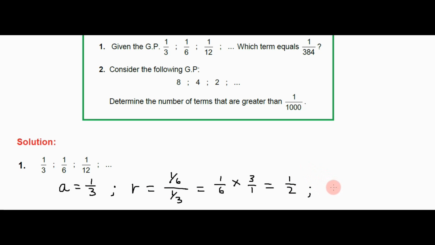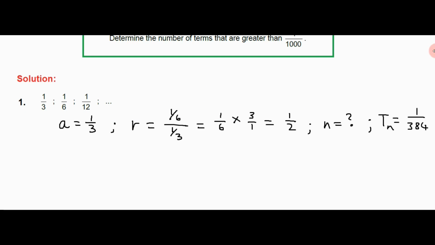We need to find the number of terms, and we are told that the nth term, T sub n, is 1 over 384. So we can use the formula T sub n equals AR to the n minus 1.